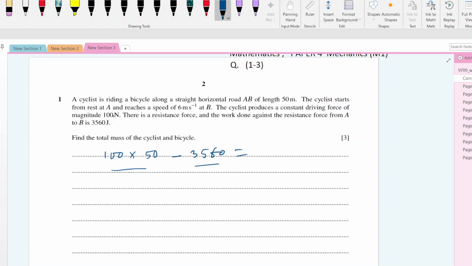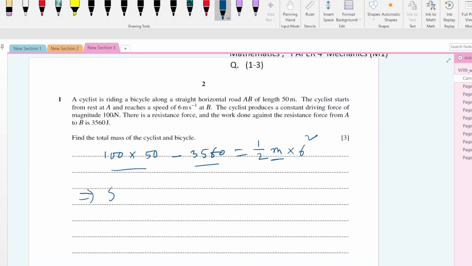The surplus energy converts into kinetic energy, and we know the formula of kinetic energy is half m v squared, with v as 6 squared, and m is the mass of the cyclist and the bicycle I consider.